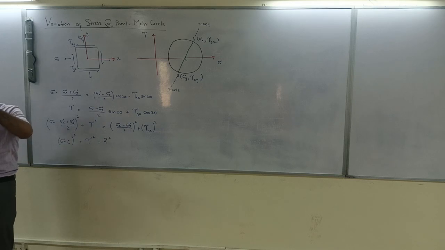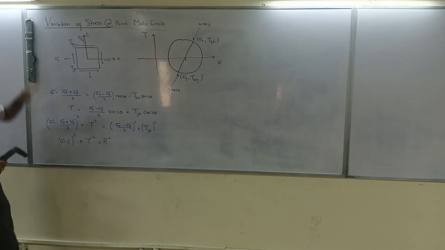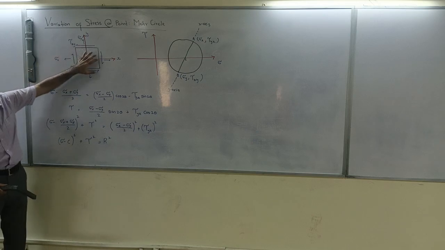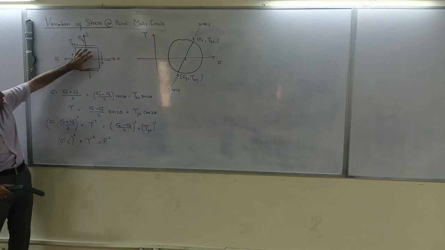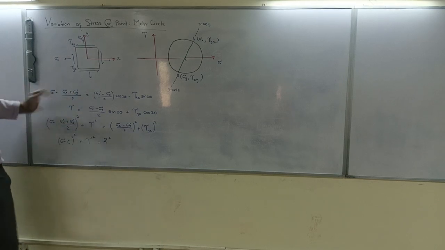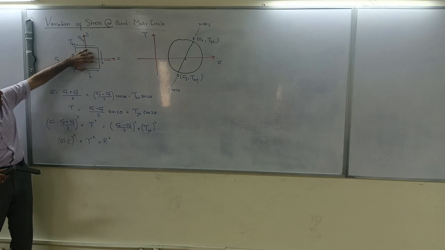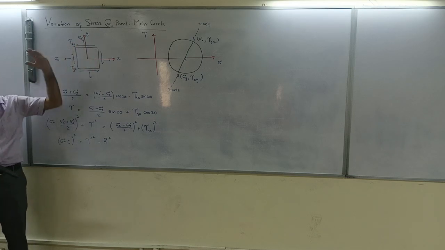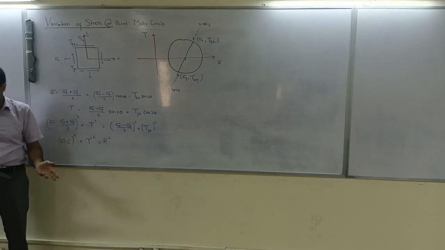So you pick up that point, that box within this area, and then you draw it over here. Now these equations will tell you at which inclination you should get the maximum axial stress and shear stress.